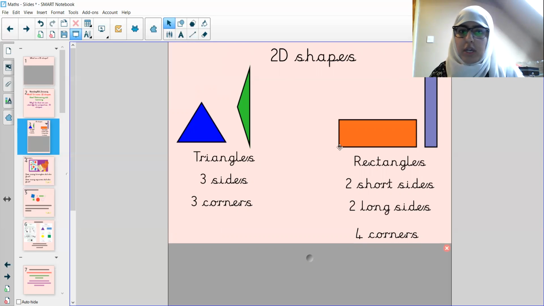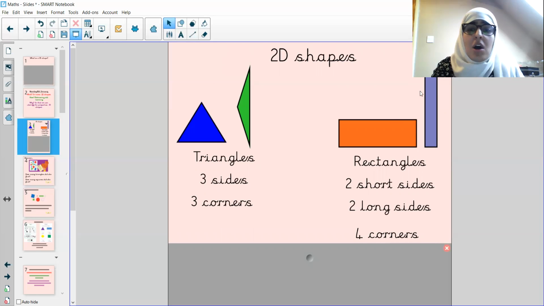Let's have a triple check as well. One corner, 2, 3, 4, and this rectangle also has 1, 2, 3, 4. So the properties of a rectangle are that it has two short sides, two long sides, and four corners. Really important to remember that.